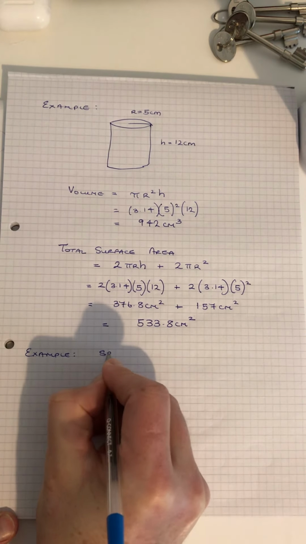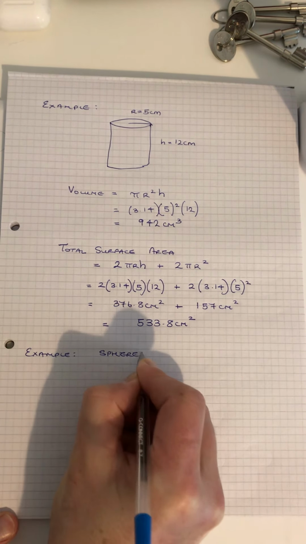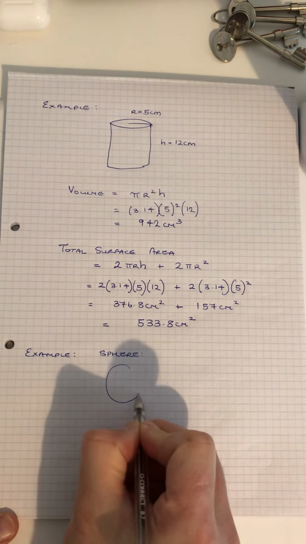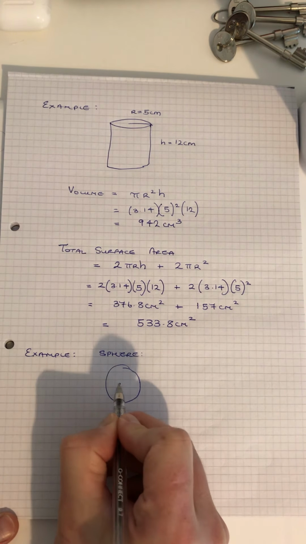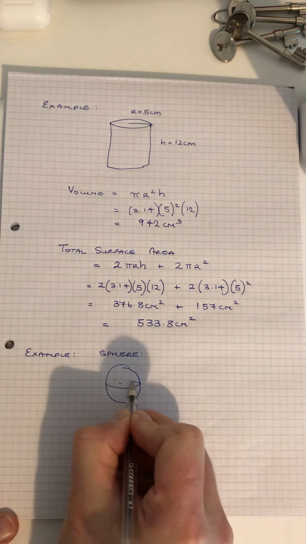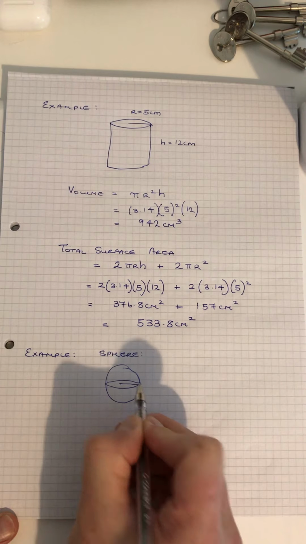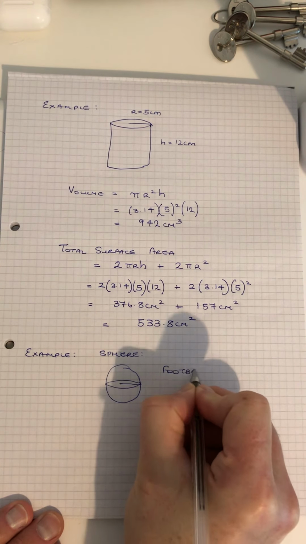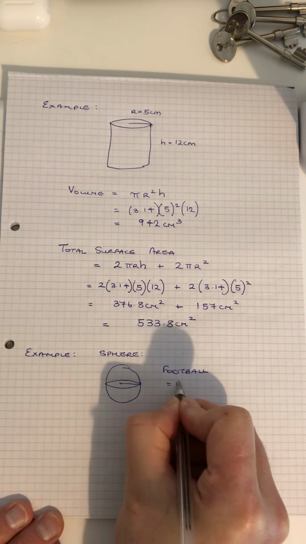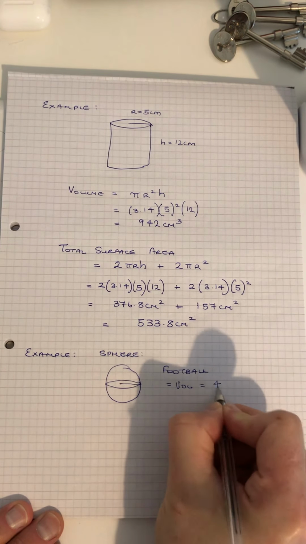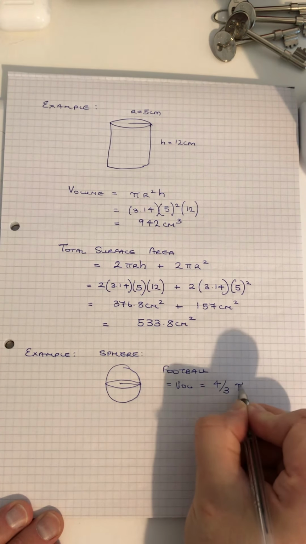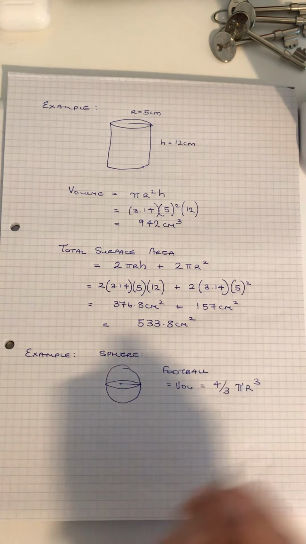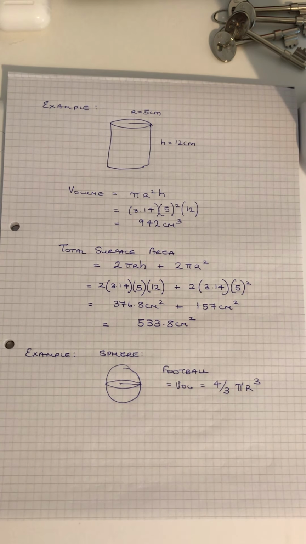So a sphere, like a ball, but a ball with 3D shape. Okay, so it's like a football. Well, the volume is equal to 4 over 3 pi r cubed. Okay, so that's the volume of a full sphere.